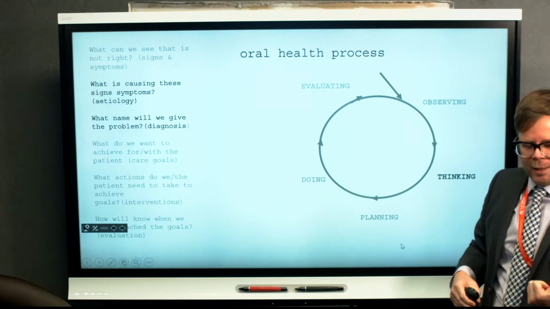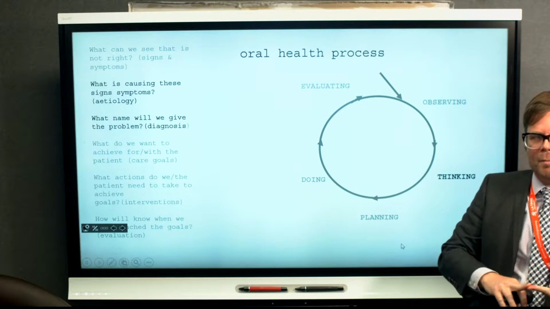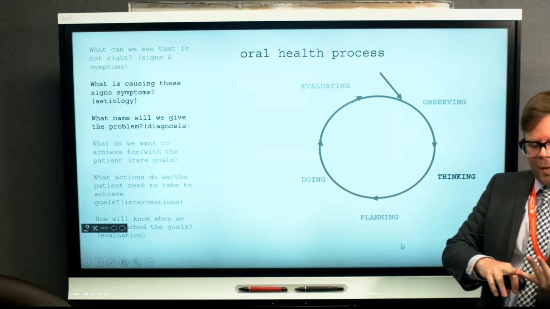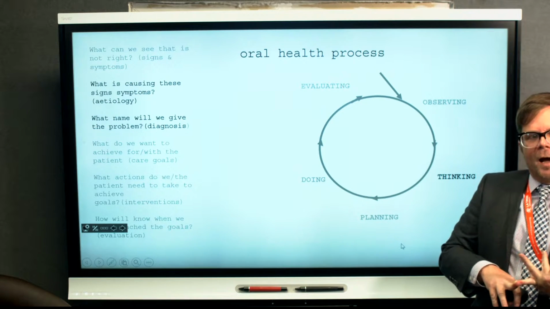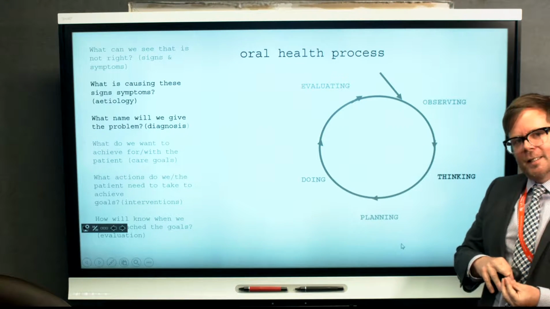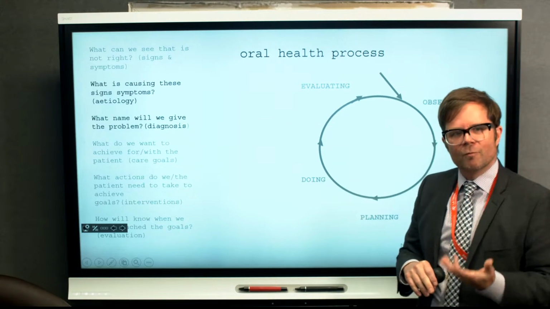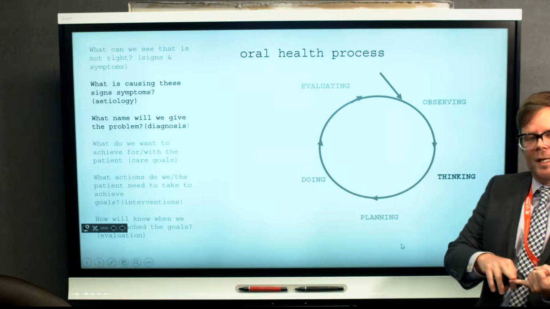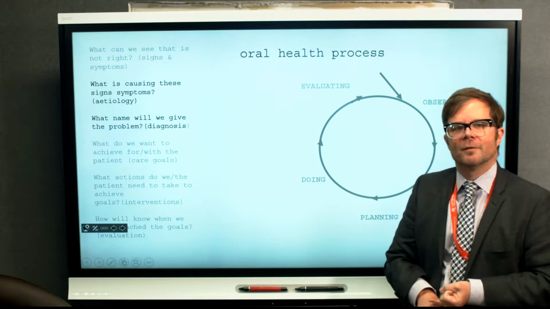So for example, the bleeding gums, the swollen gums, the red gums, the patient reporting bad breath, tell us that potentially there's something wrong with the gums, and we may identify that the reason that that's occurring is because they are a smoker and they're not controlling their plaque effectively.